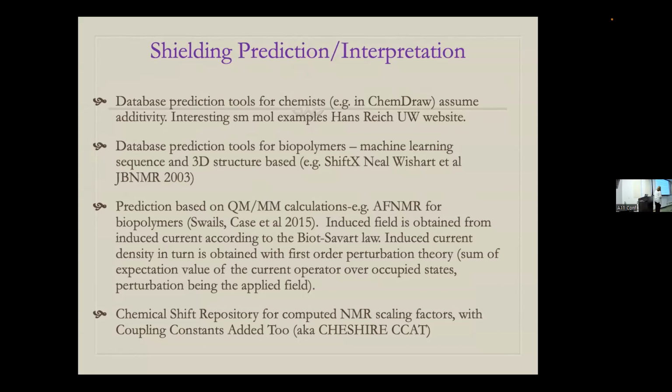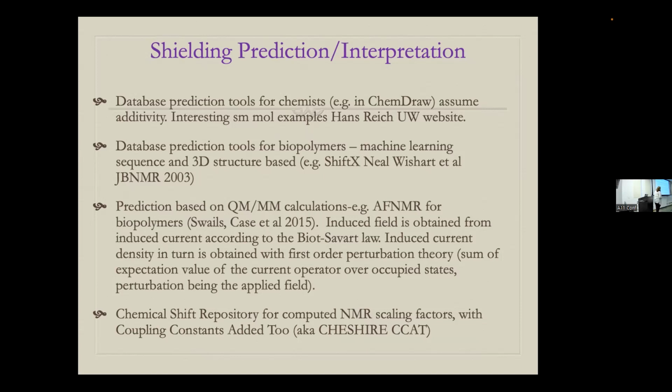We have database prediction tools based on machine learning. They're smarter, they're not necessarily always linear. A wonderful one I would mention is ShiftX for biopolymers, for proteins. We also have prediction tools based on ab initio or hybrid calculations, like AFNMR out of David Case's group.